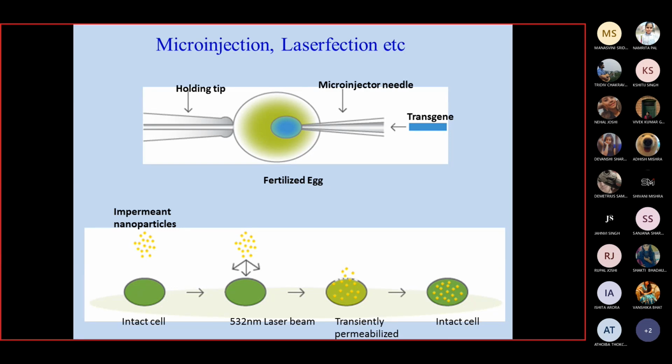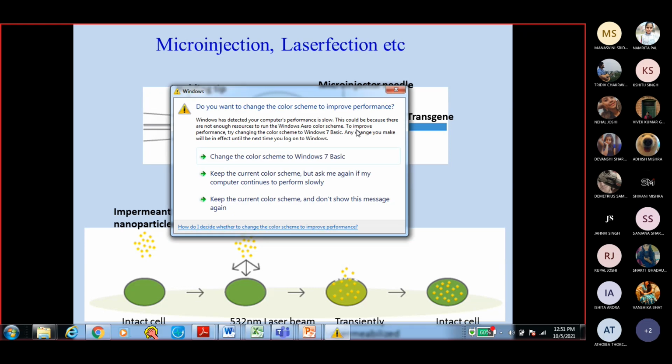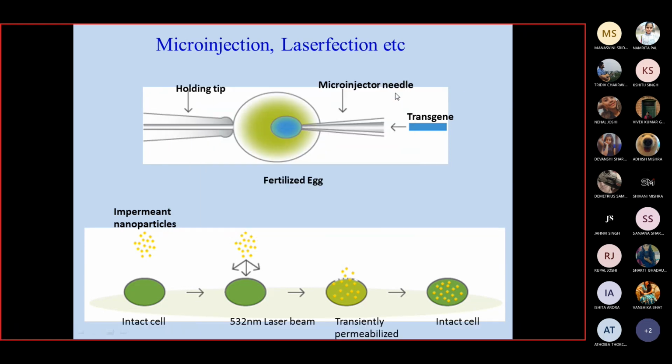Okay. The other processes by which foreign genes can be introduced are things like microinjection, lipofection, etc. Okay, so what is microinjection? You basically have two things in microinjection. One is a vacuum line, and the other is an extremely fine glass needle. So you basically hold the cell at the tip, which gives you a small, subtle vacuum.